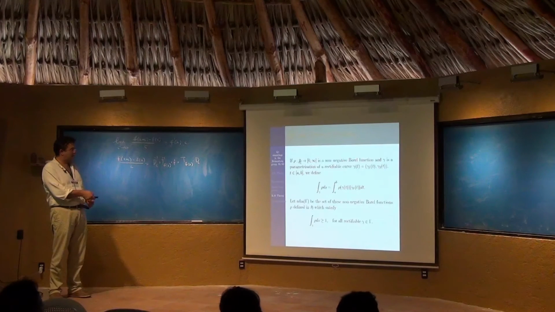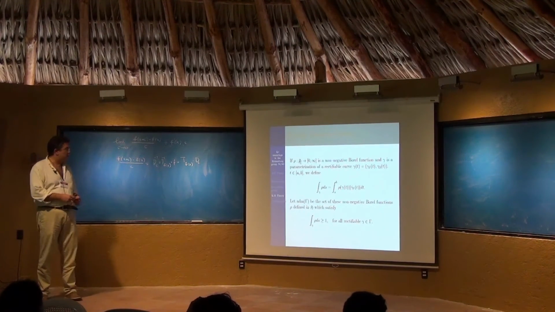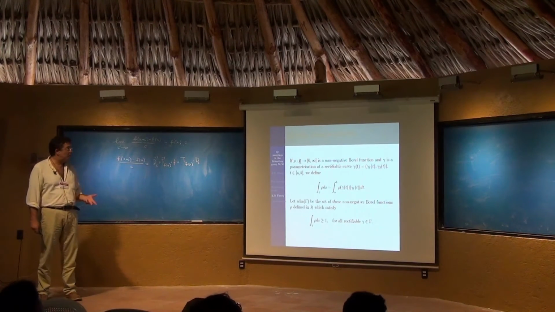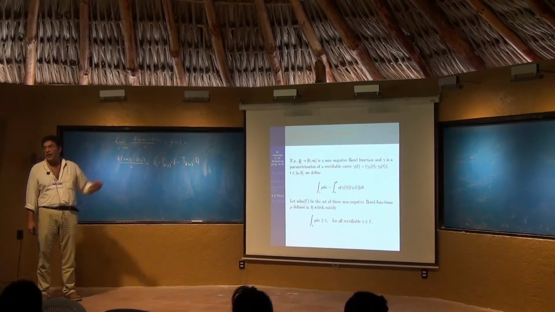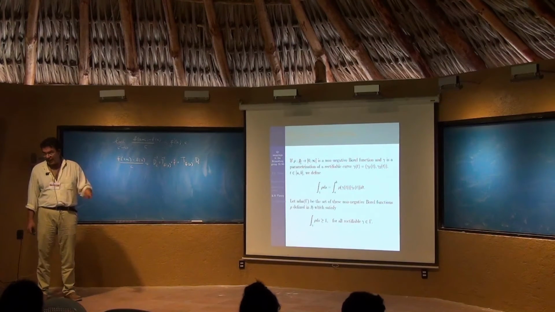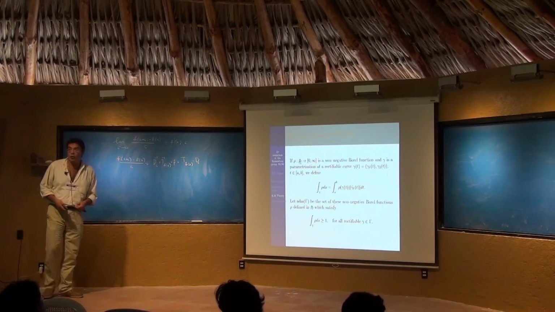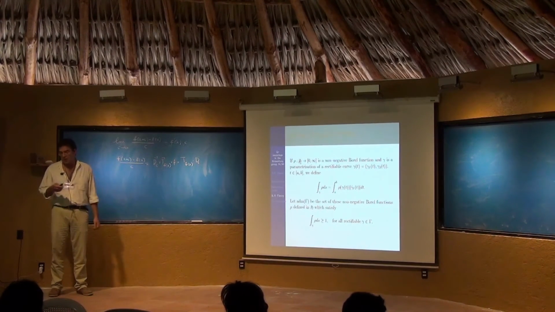We call Adm of Gamma the admissible functions for Gamma, these non-negative Borel functions which satisfy this inequality. Their horizontal line integral has to be greater than or equal to 1, for all rectifiable gamma. We have seen that rectifiable is necessarily horizontal.